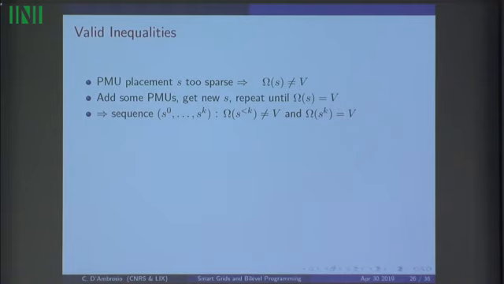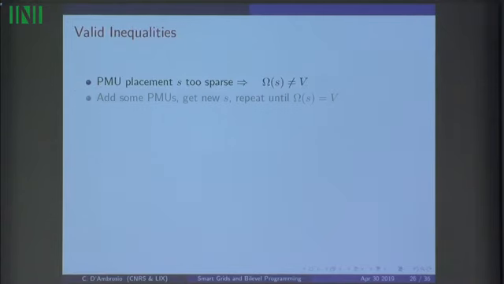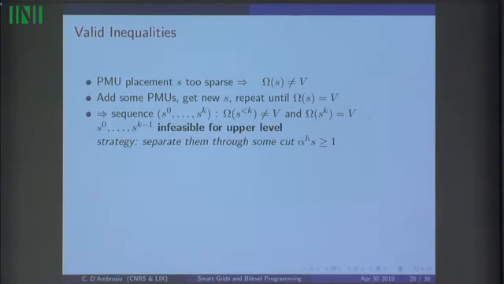Okay, so this is actually a very simple consideration. Iteration after iteration, we will get an S that corresponds to a number of observed nodes that is typically smaller than V, until we get to the last iteration in which we come up with the PMU installation that corresponds to complete observability.